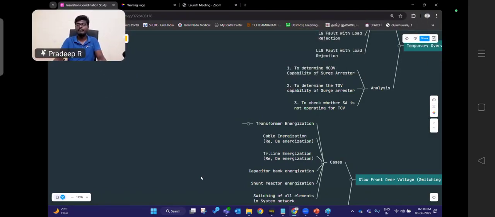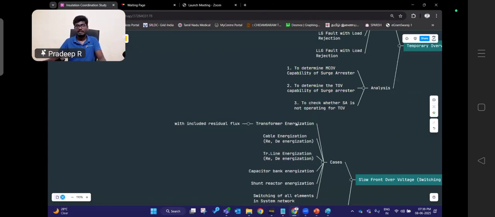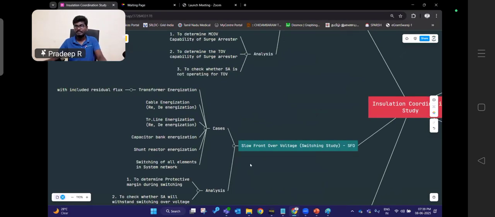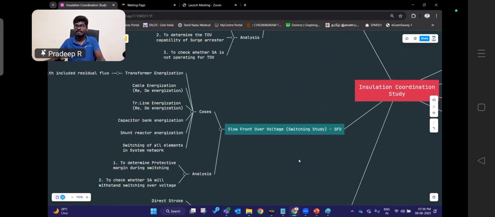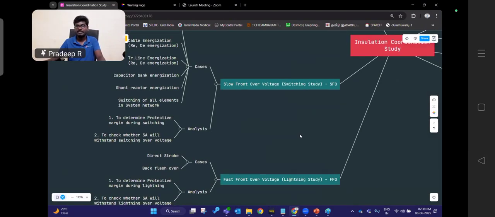Because here we model our transformer as a saturable model, including residual flux also. So this transformer energization will be performed separately, not under the slow front over voltage, and we will analyze the transformer energization separately.